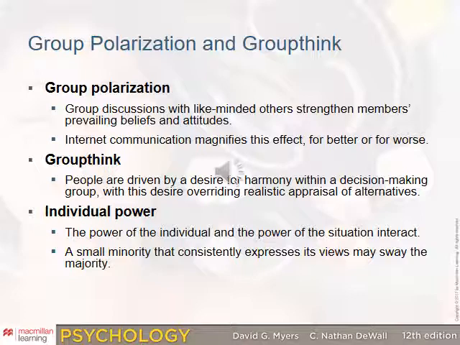Groupthink can sometimes lead to bad decisions because it encourages members of the group to ignore possible problems with the group's decisions and discount the opinions of outsiders. It influences decisions most when there are no clear rules for the decision making.